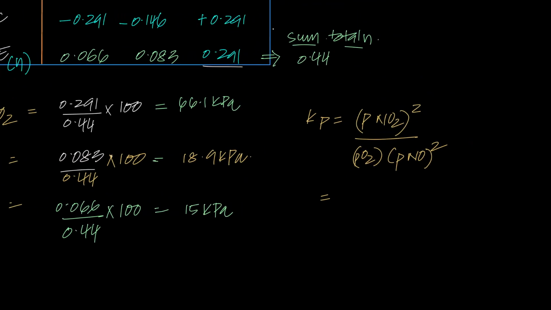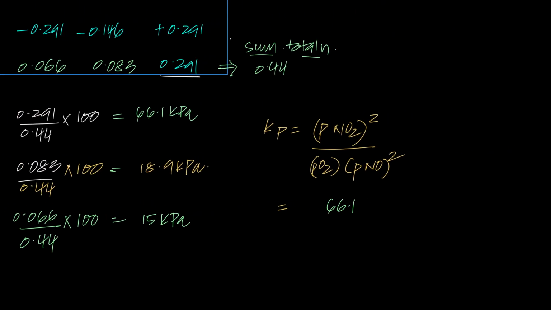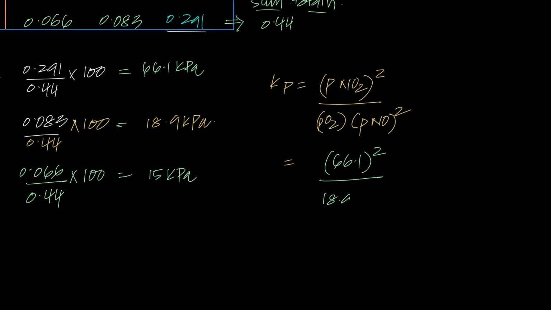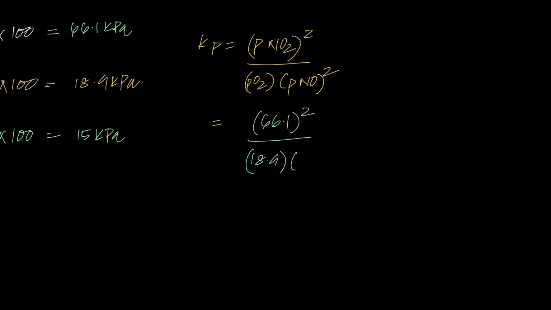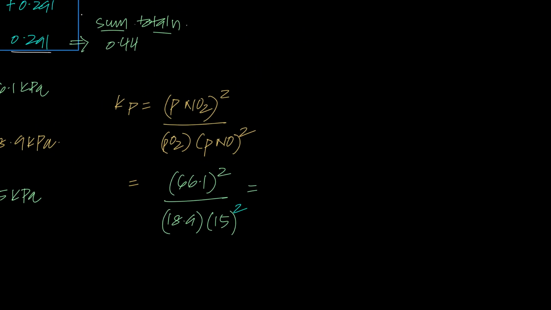NO2 squared, you have the partial pressure of NO2, which is 66.1 kilopascals. So 66.1 squared divided by oxygen, which is 18.9, multiplied by NO, which is 15 squared. What do you get? What would be the units for it?